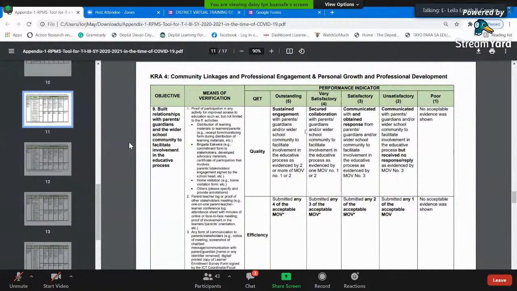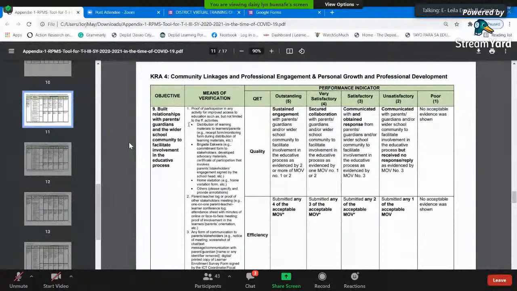So duha sa number 1, duha or more sa MOV number 1. Kung naa daw kay duha diha, 2 or more MOVs of number 1 or of number 2.